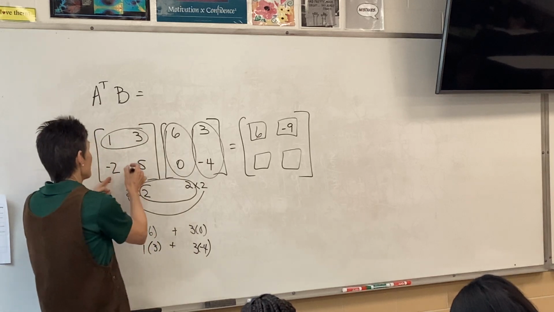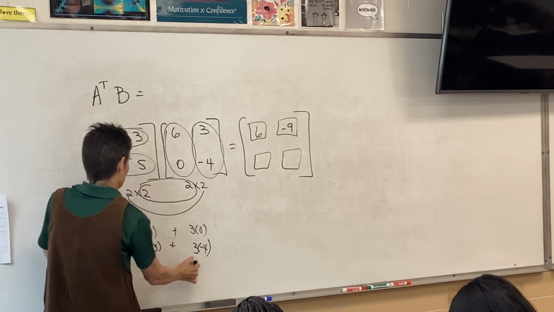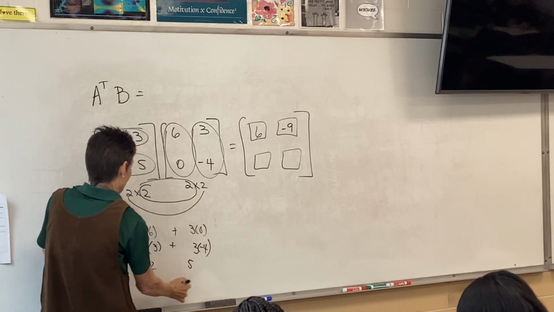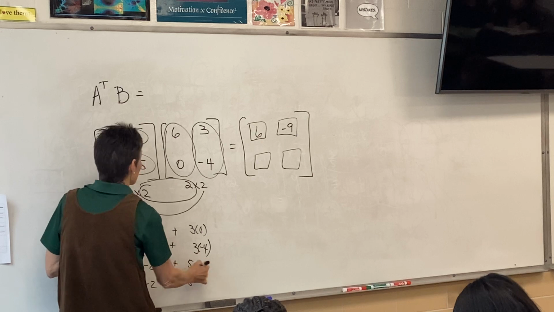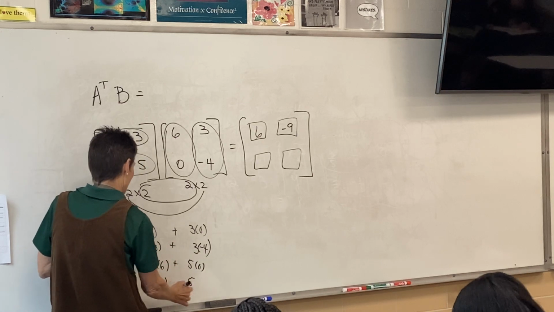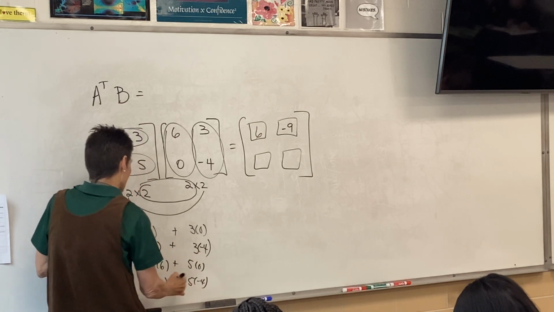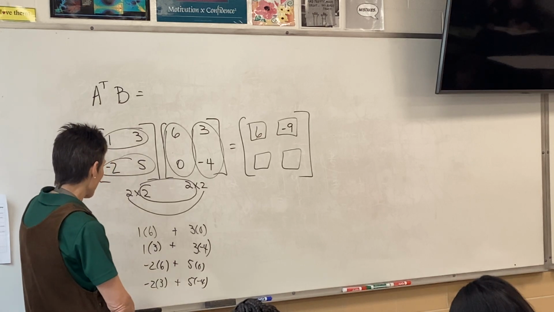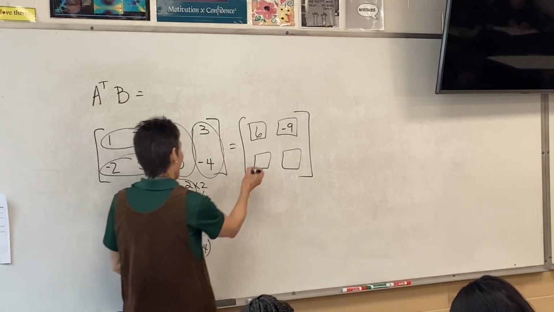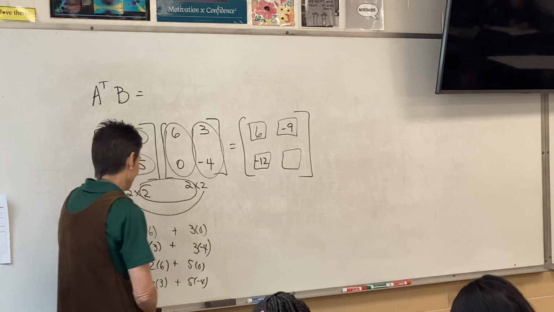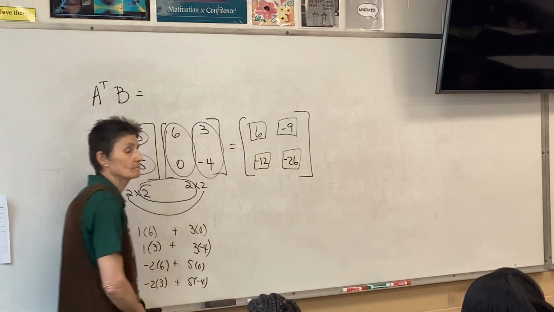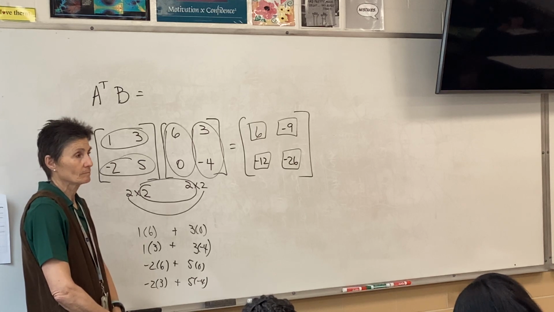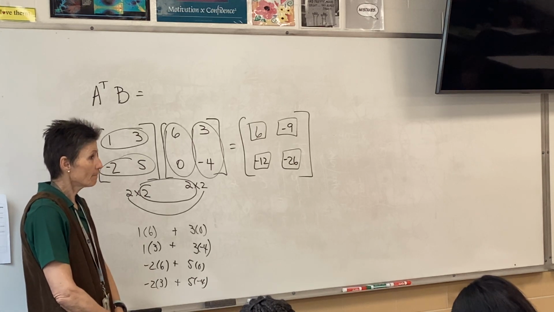And then now I'm going to use row 2 and column 1, and column 2. So it looks like my bottom row is negative 12, negative 26. Okay, that's how we do it.